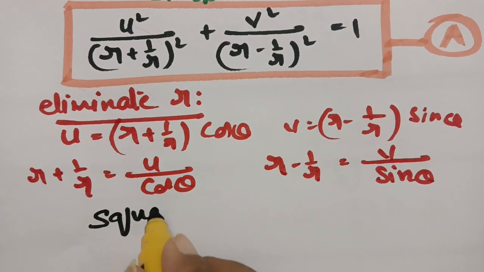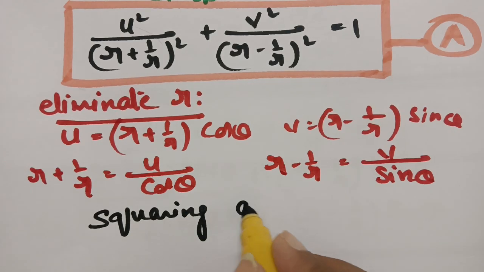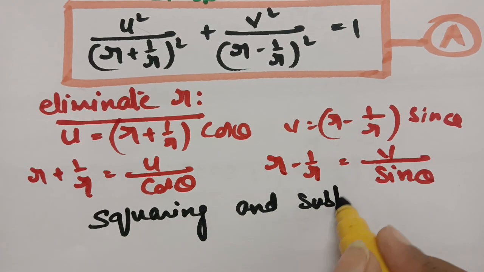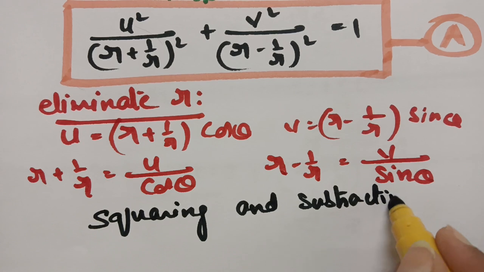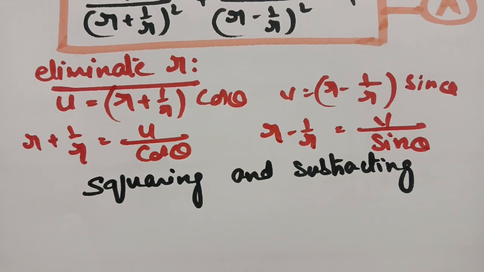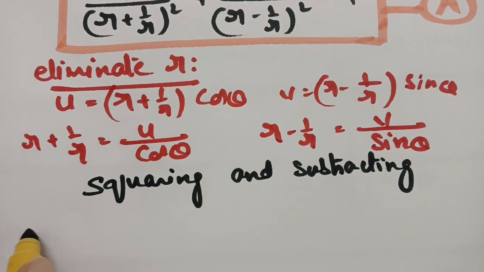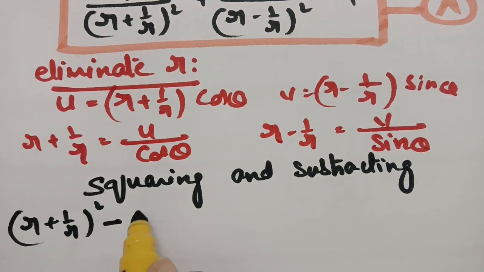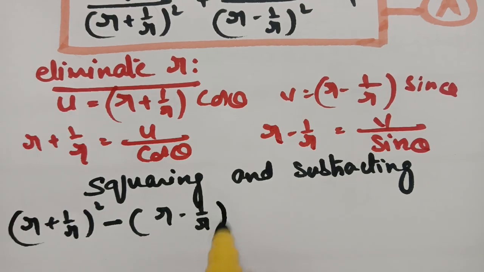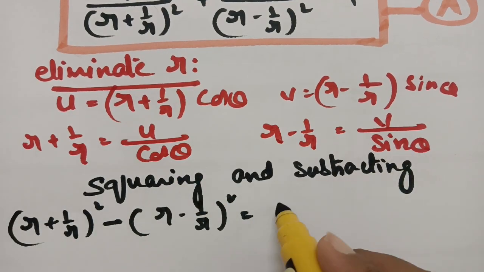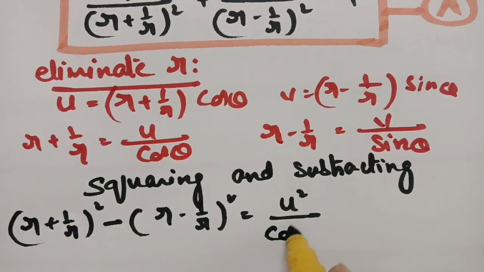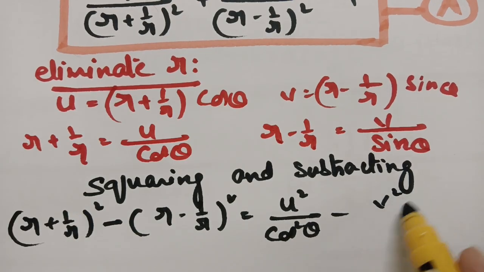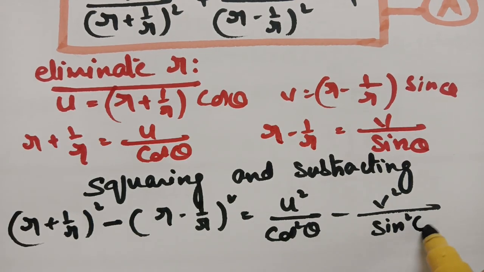So now squaring and subtracting. What does it become? If you square, this will be r plus 1 by r whole square minus r minus 1 by r whole square. On this side, u square by cos square theta minus v square by sin square theta.